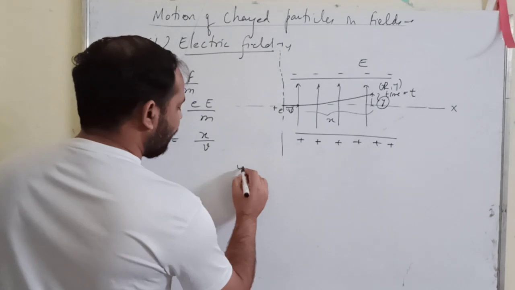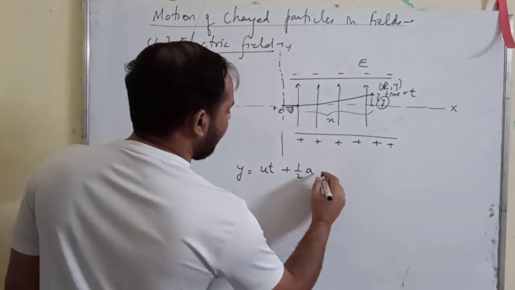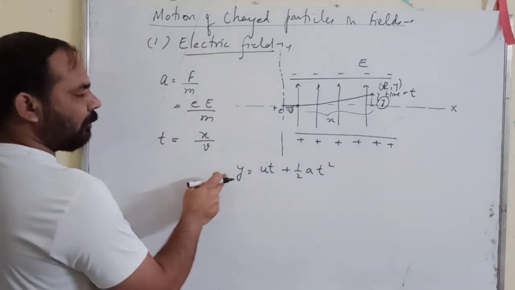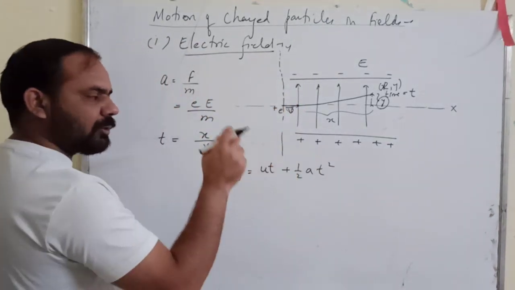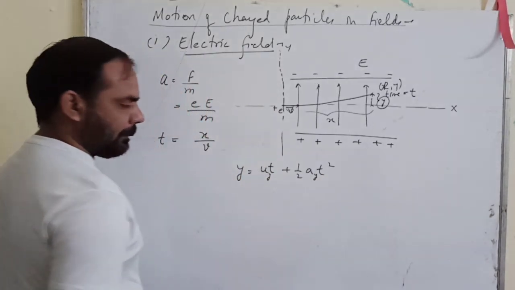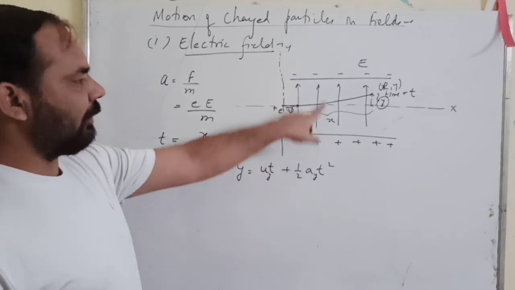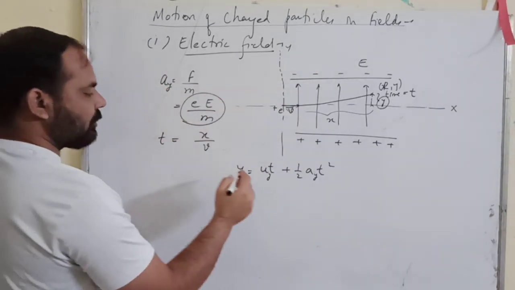Now we have the formula y is equal to ut plus half a t square. Y is the vertical displacement, so we will take all the components vertically. So u will be uy, a will be ay, the acceleration along the y-axis. What is ay? Ay is qE upon m. How much is uy?